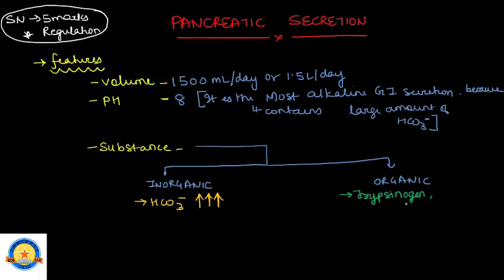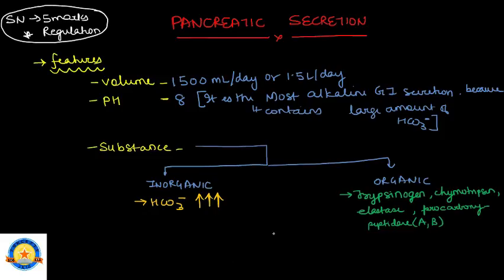Trypsinogen is a precursor, just like pepsinogen. Then comes chymotrypsin. Then comes elastase. Then comes procarboxypeptidase. First trypsinogen, second chymotrypsin, third procarboxypeptidase. There are two types, A and B.